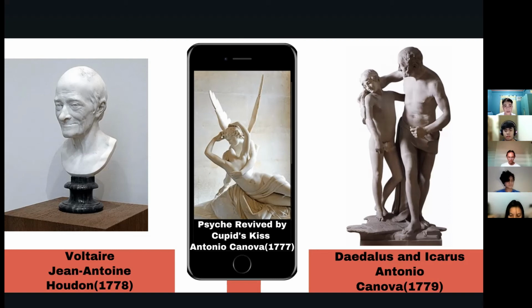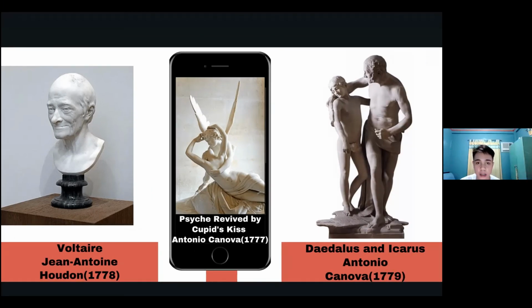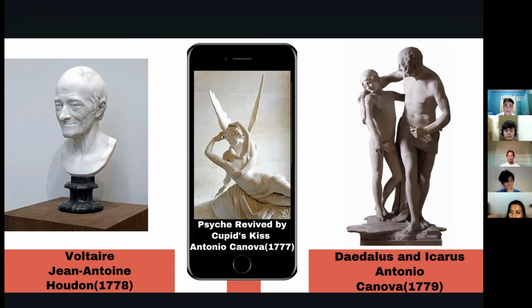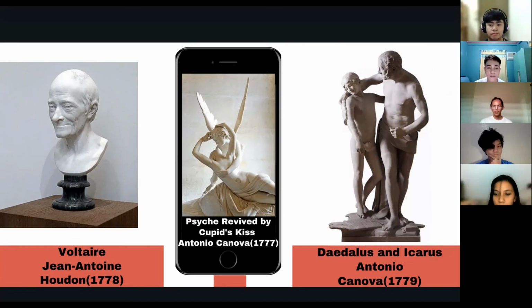It was popular for French aristocrats at the period to be tête nue or bareheaded, which is why they represented it in the sculpture. Houdon then created this portrait with the simplicity of traditional Roman sculpture, allowing Voltaire's character to shine through.